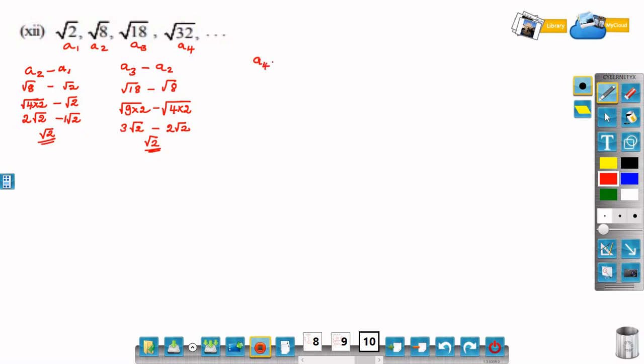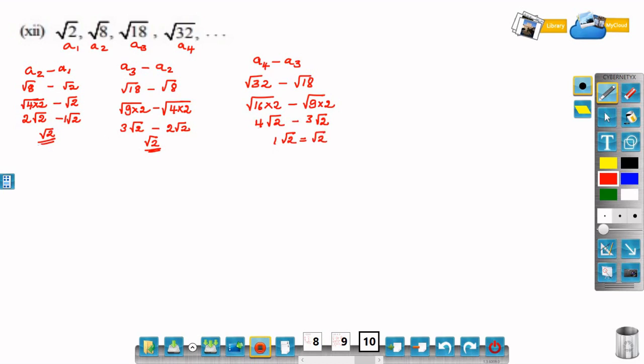Then find A4 minus A3. A4 is root 32 minus A3 is root 18. 32 can be written as product of square number, 16 into 2, root 32 minus root 9 into 2. Root 16 is 4 root 2 minus root 9 is 3 root 2. 4 minus 3, 1 root 2, or you can write root 2.